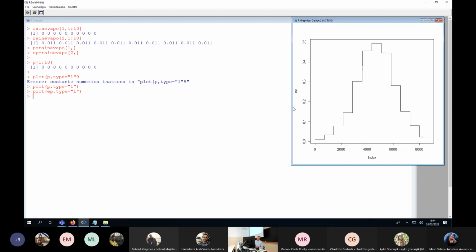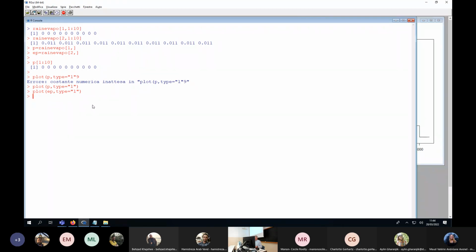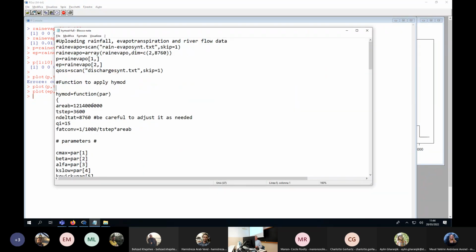Okay. Now, what should we do to move forward? I am ready to write a function that applies IMOD.